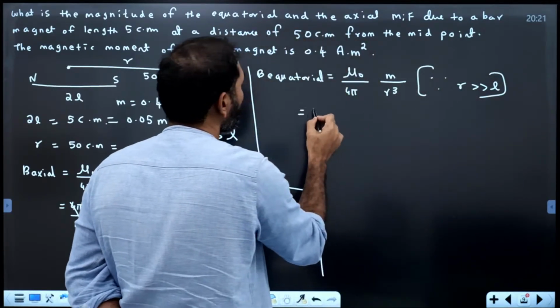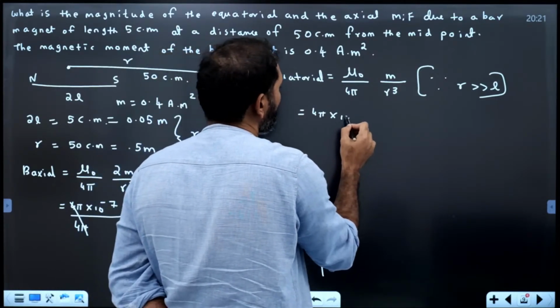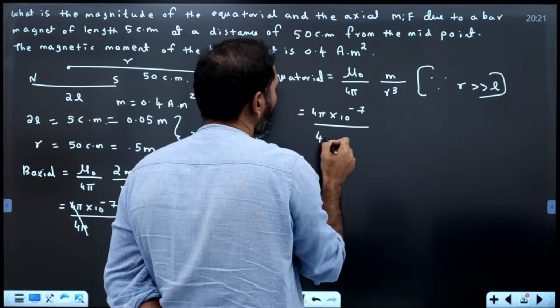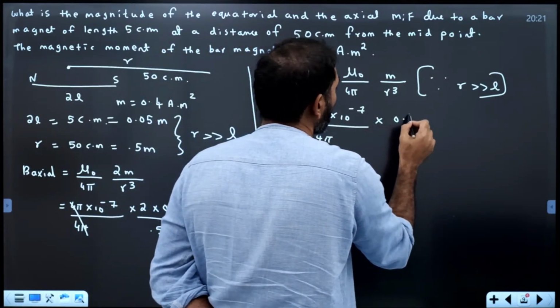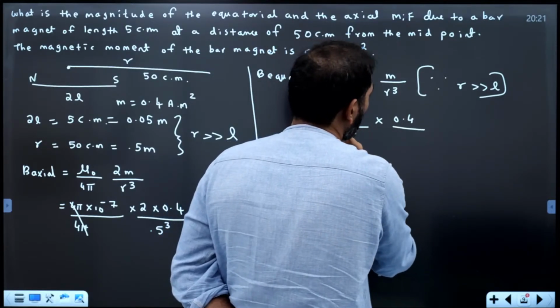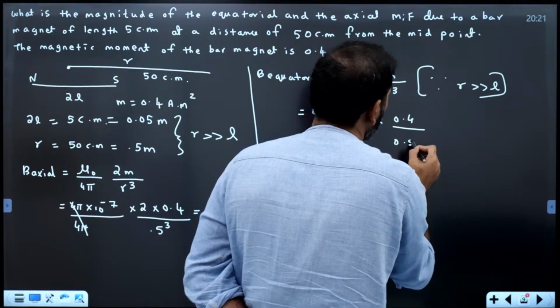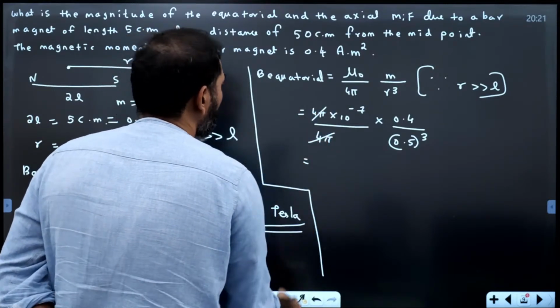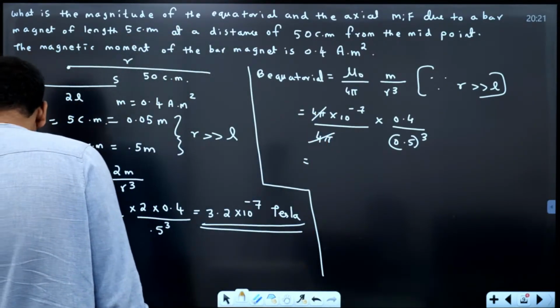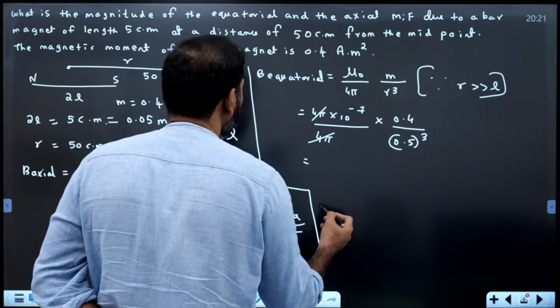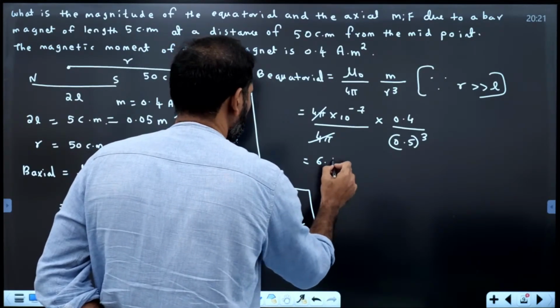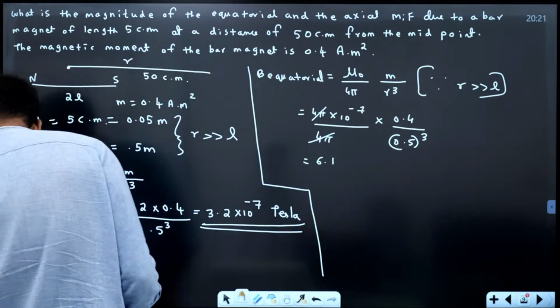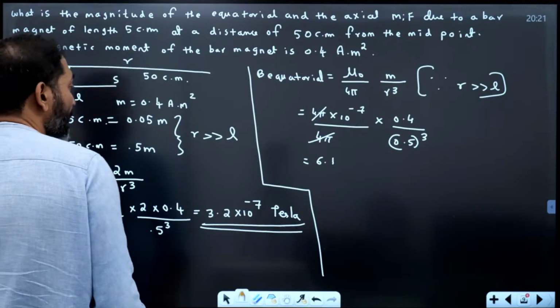So mu 0 by 4 pi is 4 pi into 10 raised to minus 7 divided by 4 pi, m is 0.4, divided by r cube. R cube is what? 0.5 the whole cube. So if you solve that, you will get 6.4 into... No, there is a mistake from my side.